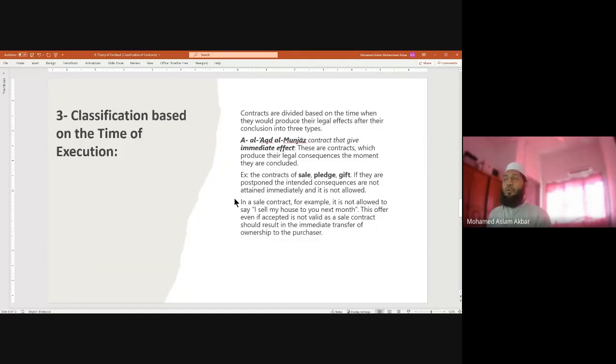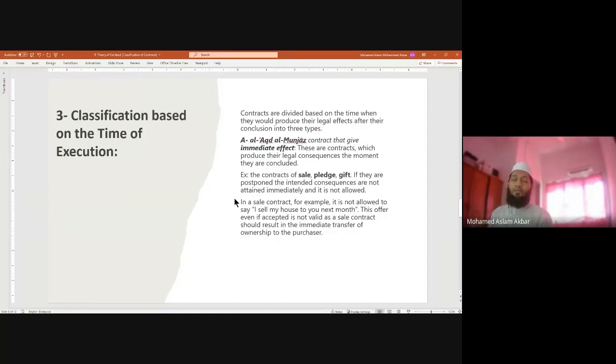If they are postponed, the intended consequences are not attained immediately, and it is not allowed. I cannot say that I give you my phone as a gift, but it will happen only next week or next year, which means that the gift never happened. If I say I'm going to sell my property, but you will become the owner only next year after I finish all my payment, then it did not happen now.